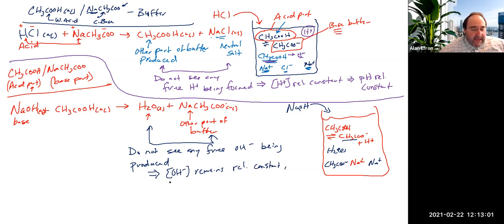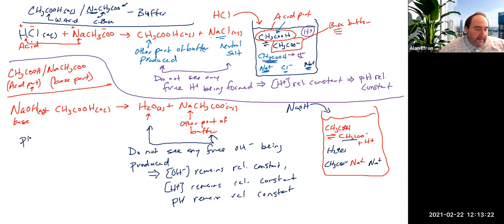Thus, because H plus is related to that, the H plus concentration remains relatively constant. And finally, what that means is the pH will also remain relatively constant. And again, the idea here is a very simple one. It's all really based off of our pH equation, which is this guy, right?